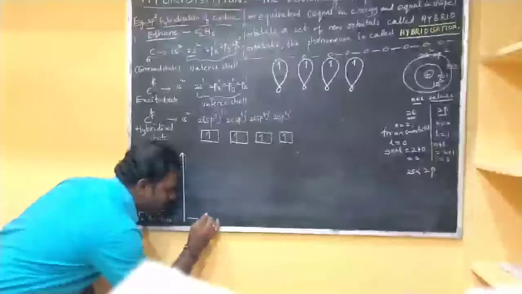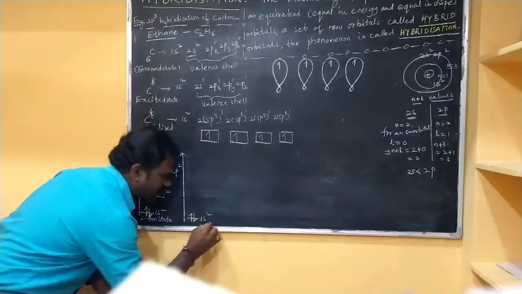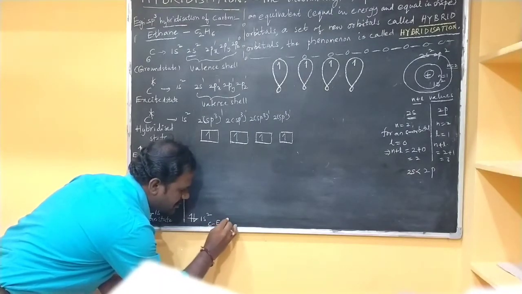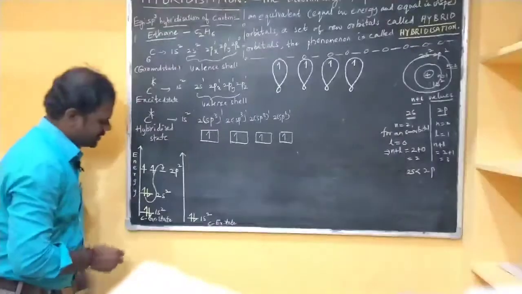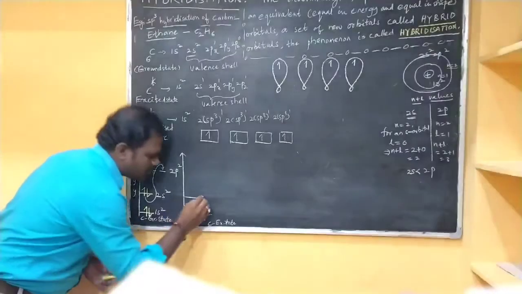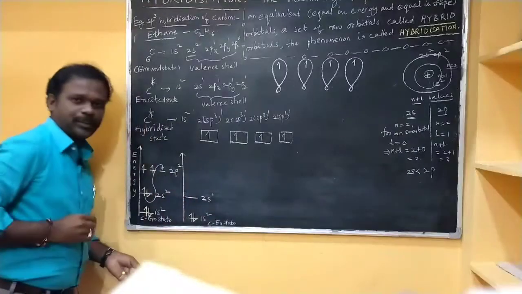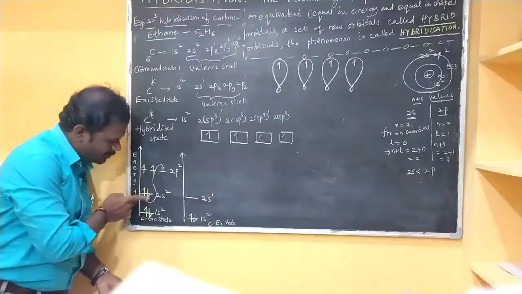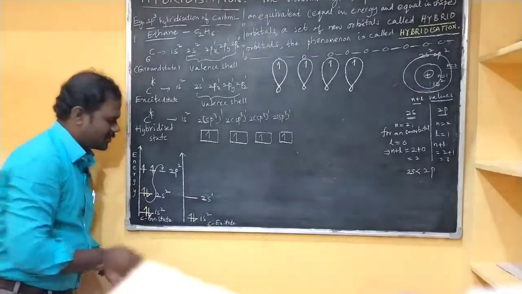Here 1s2, which is carbon in the excited state. Promotion of an electron takes place from the lower energy 2s2, which we can write as 2s1, because one of the electrons goes from the lower energy level to the higher energy level by the absorption of heat energy.